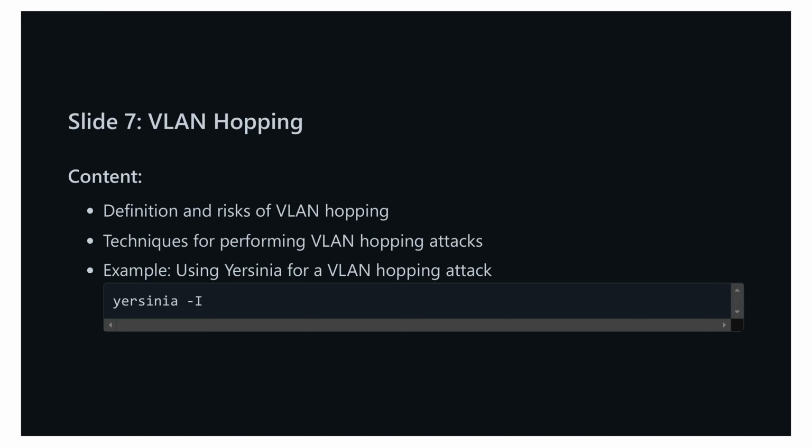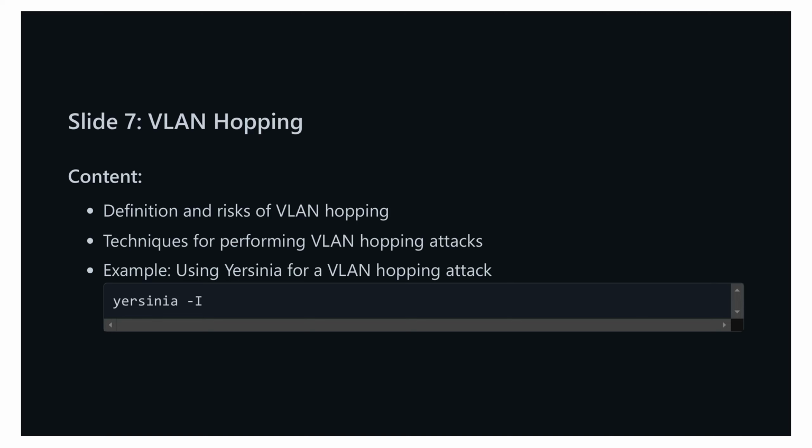The first VLAN tag is used to reach the target VLAN, while the second VLAN tag helps the attacker break out of the initial VLAN to access another. Another technique involves forging DTP, Dynamic Trunking Protocol, packets to negotiate a trunk link, which grants the attacker access to multiple VLANs. For instance, Yersinia is a network tool that can be used to perform various network attacks, including VLAN hopping.